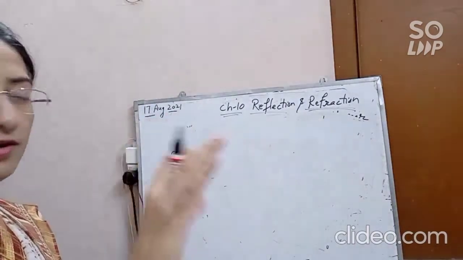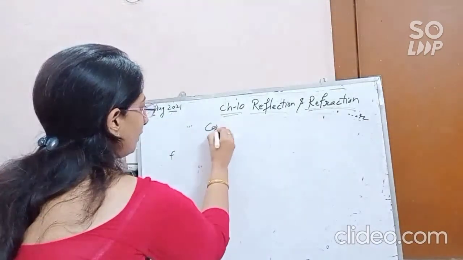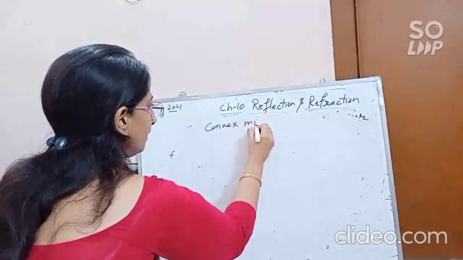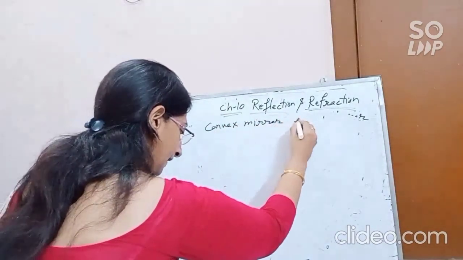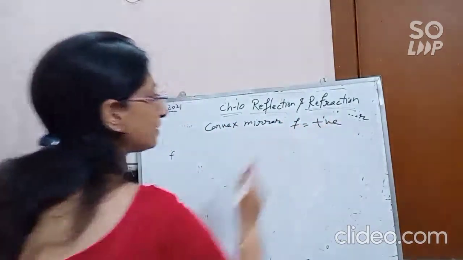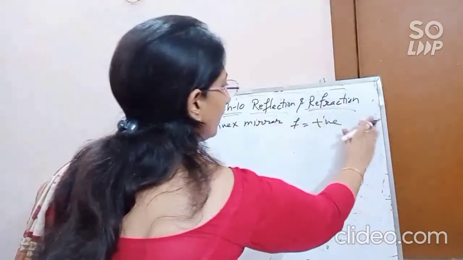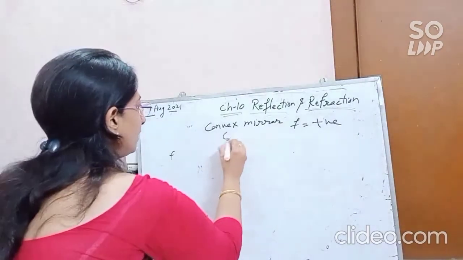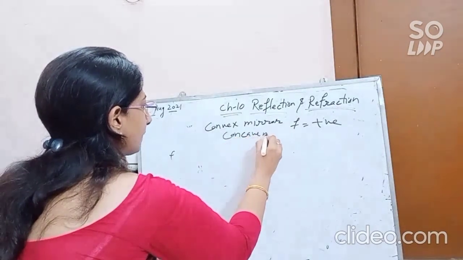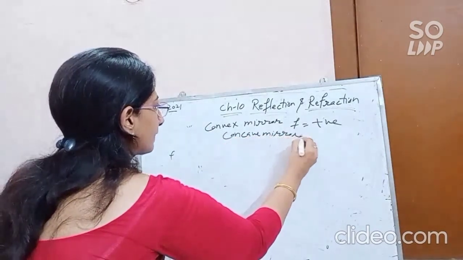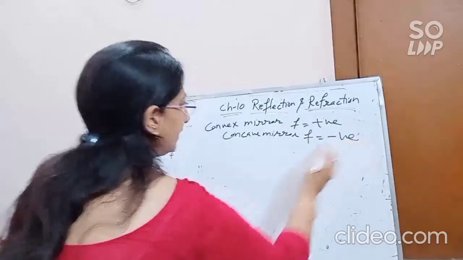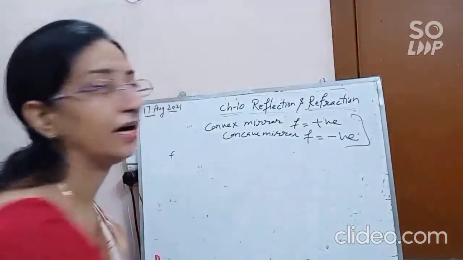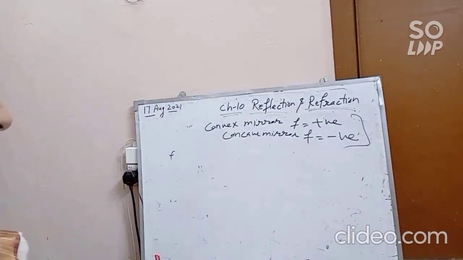Always remember that for a convex mirror, f is always positive, and for the concave mirror, f is negative. So these 2 points you have to remember when we are solving the questions.